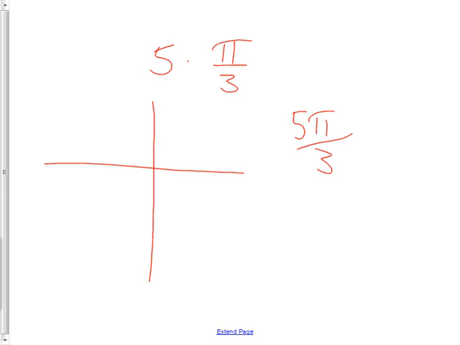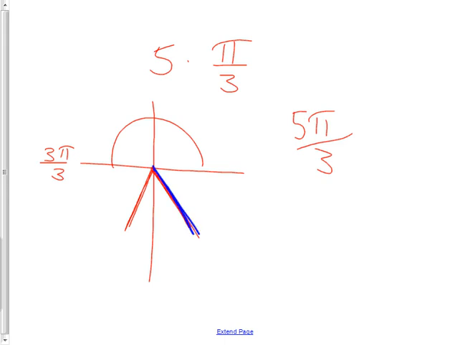One of the key moments is when you realize that 3 pi over 3 would have been right here, because that's what pi is. 3 pi over 3 cancel out and make pi. So if this is 3 pi over 3, you've got to get 2 more pi over 3s. That's a pi over 3, and then that's a pi over 3. So I'd say it ends right about there.